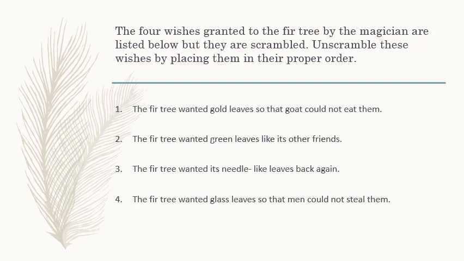So here is the question. What I mean is that 4 questions are given here, as you can see, 1, 2, 3, 4. You need to arrange these numbering correctly. Suppose you think this is the first wish of the tree, then you have to place this in your answer against 1.